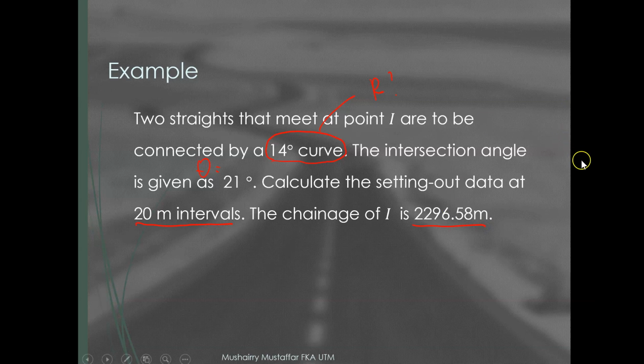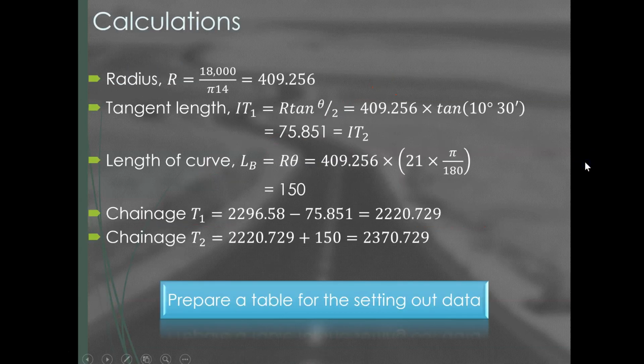Okay, let's start doing this. Since the radius is not given, in fact only the degree of curvature is given, we're going to convert that. So I'm going to calculate R using the formula that I've just shown you. Then we're going to end up with about 409.256. Simply use that number now, put it in here to calculate the tangent length, which is 75.851.